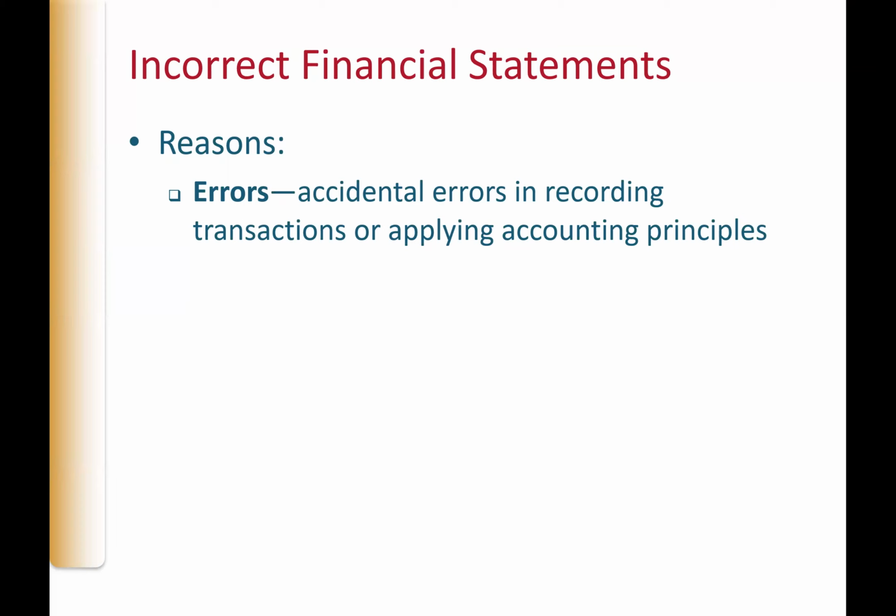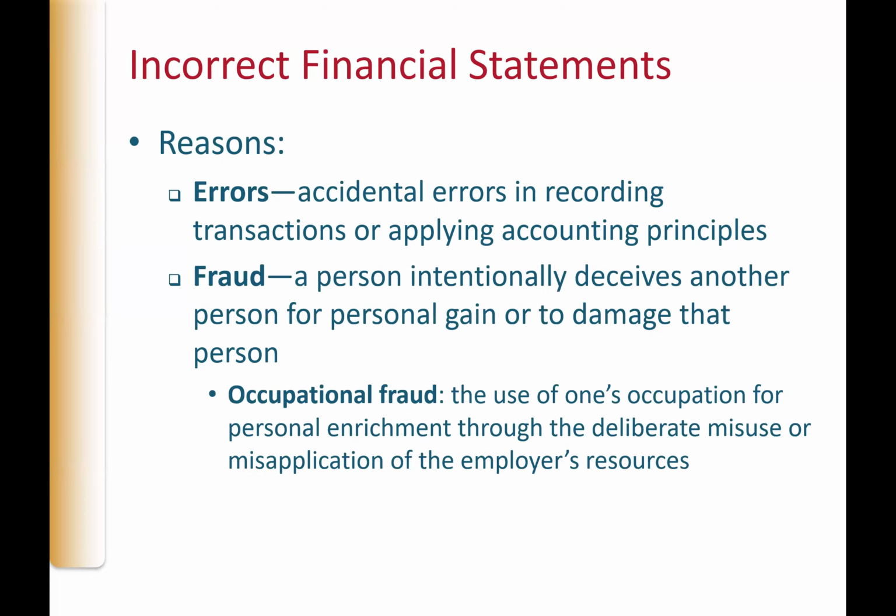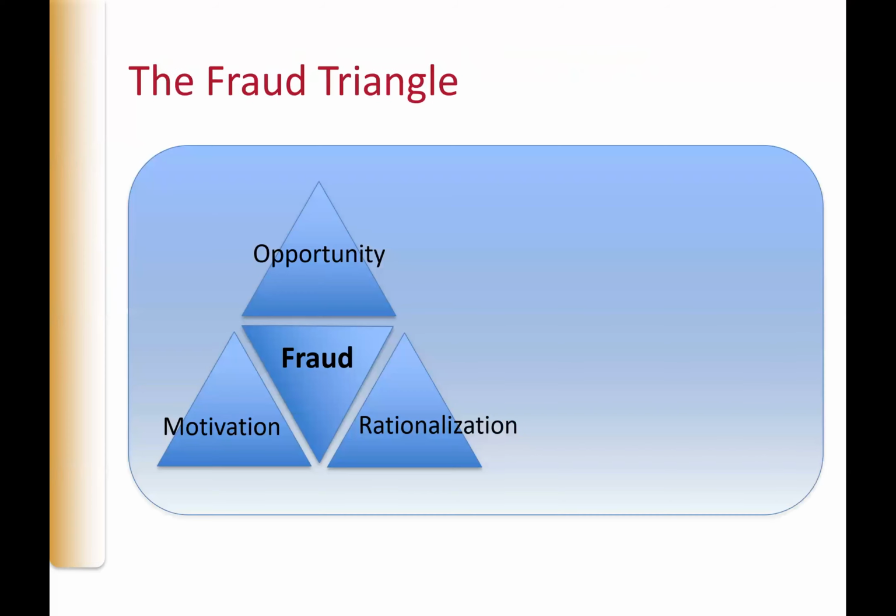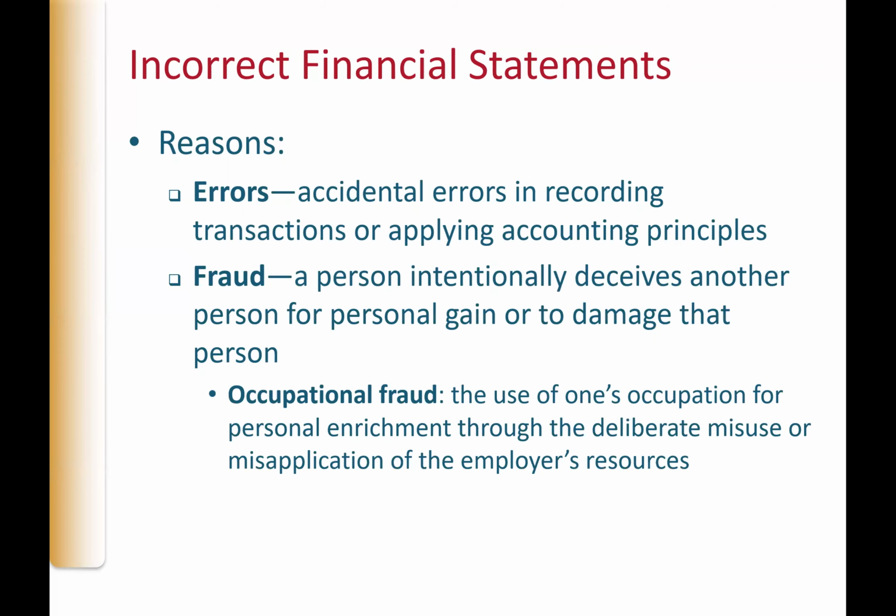Now, financial statements, it's crucial they are correct. And there are reasons we may have incorrect financial statements. There can be honest errors, accidental errors in recording transactions or in applying accounting principles. So that's life, that's going to happen.